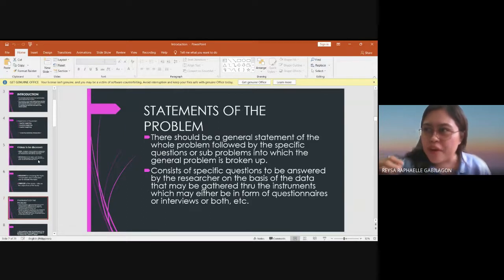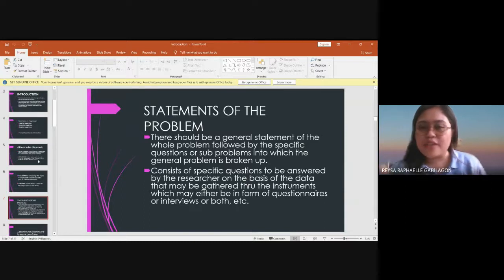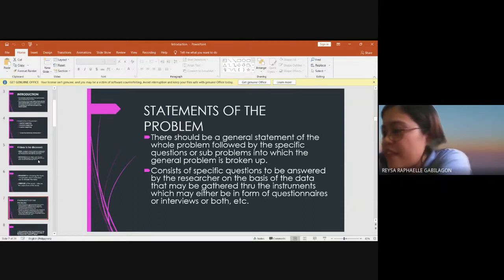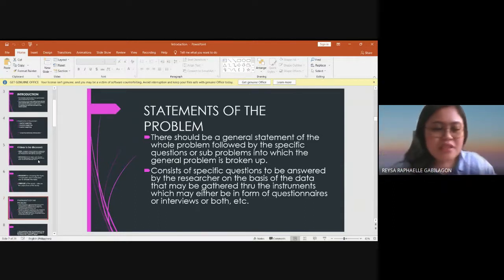But there are researchers na ang ginagawa nila is in declarative form. Pero sa school, sa UIC, ever since naka-question form kasi yung statement of the problem natin. All we need to take note sa paggawa ng SOP is we will start with the general problem first. Again, we will start with the general problem, and then after that, i-break down natin siya into sub-problems or sub-questions.